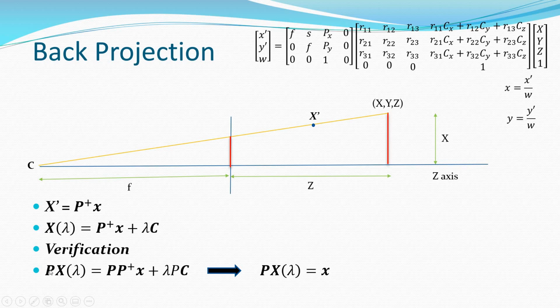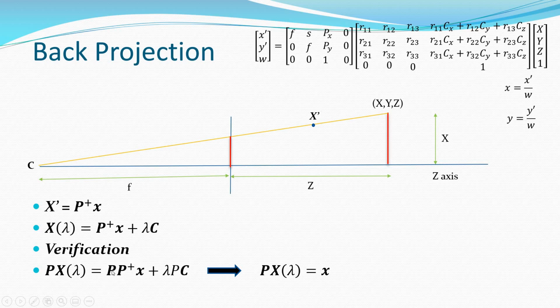So P x of lambda, where x of lambda are the different points on this line, is equal to P P plus x.